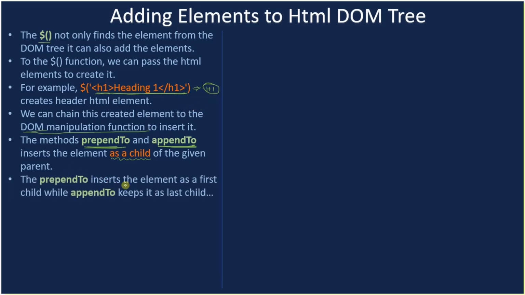The prependTo inserts the element as the first child. appendTo keeps it as the last child. So that's the difference. prependTo keeps the element as a first child and appendTo keeps it as a last child.